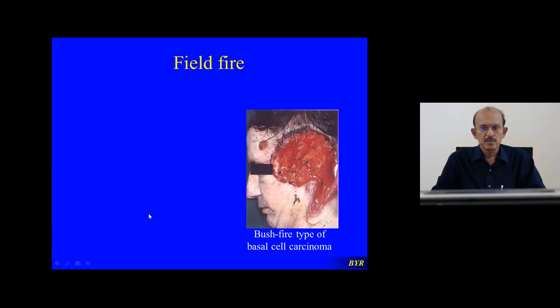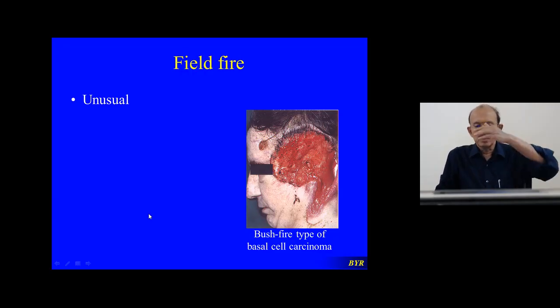Field fire type, also called bushfire type. Do you know what is meant by field fire or forest fire? There will be fire engulfing the forest and the fire is spreading at one end.